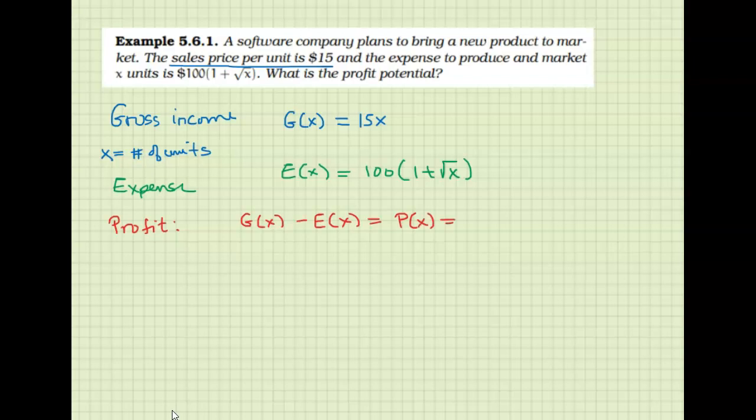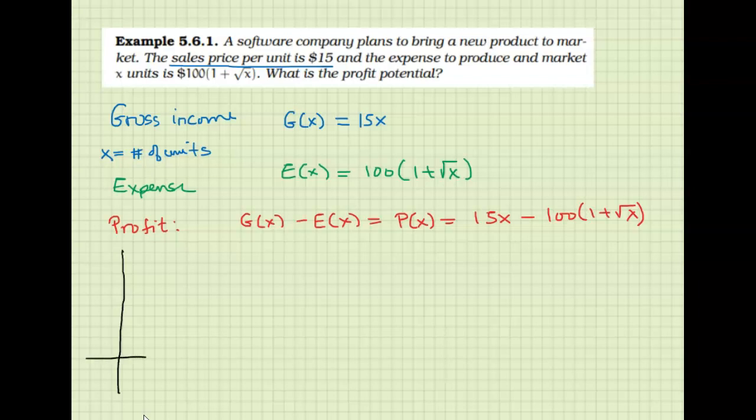So if you subtract these, 15x minus 100 times 1 plus square root of x, that gives you the profit.